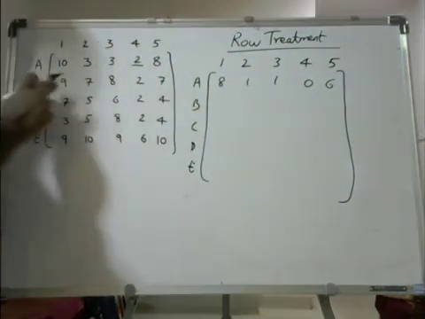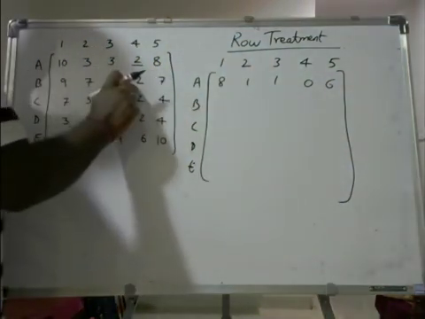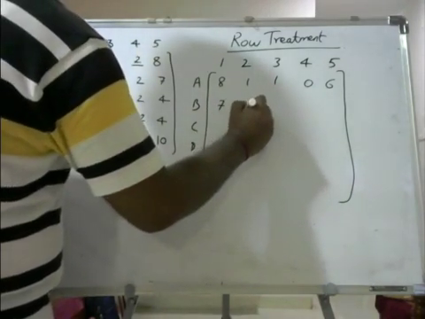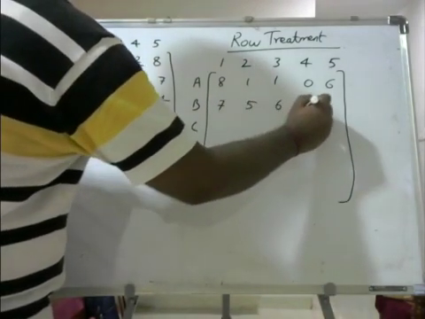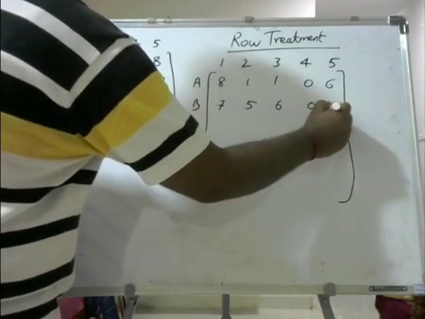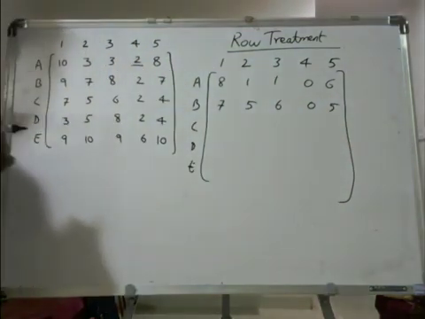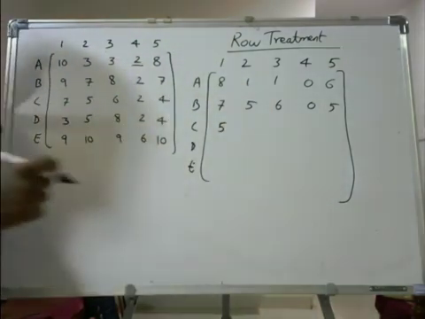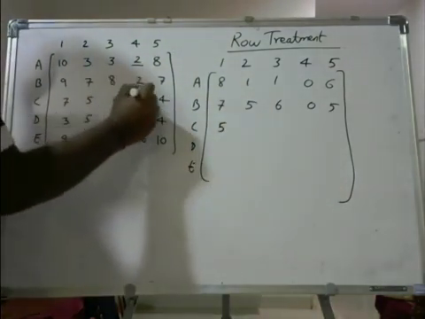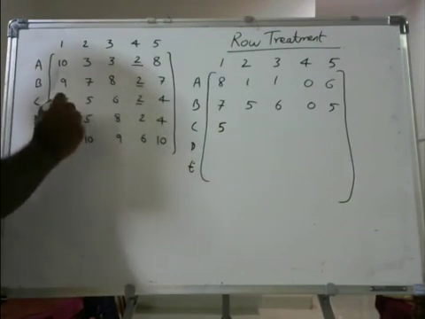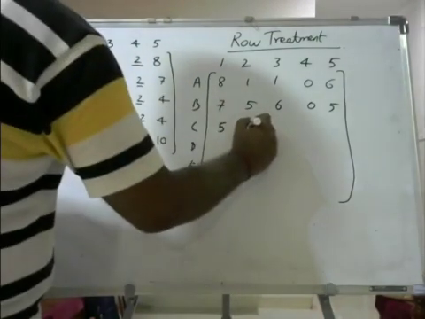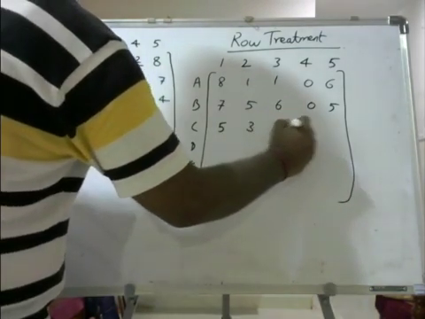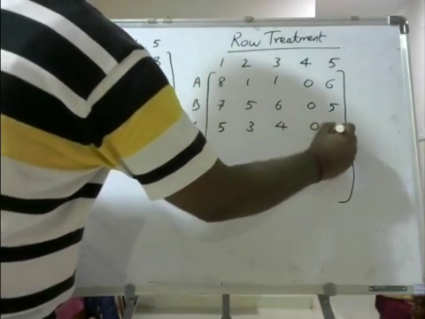Similarly, here in this row the minimum is 2, giving 6, 0, 5. This row is also 2, so 7 minus 2 is 5, then 3, 4, 0, 2.